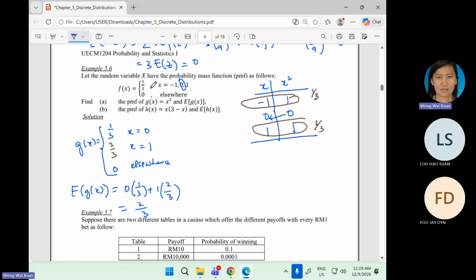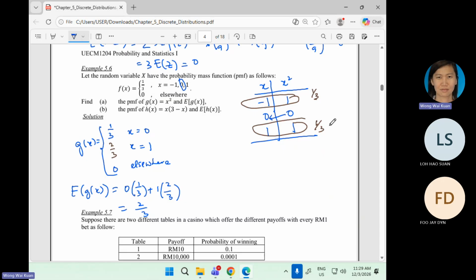And I take their probability. The same goes for 1. How can X squared get 1? When my X is -1 or 1. Not and, or. -1 or 1. So when X is -1, the probability is 1/3. When X is 1, then the probability is also 1/3.